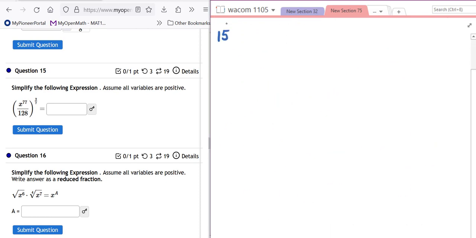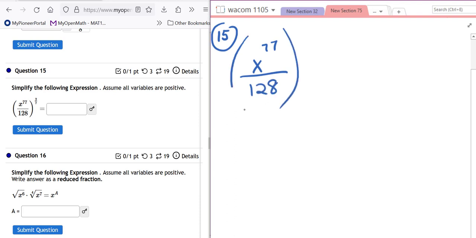All right, so we have x to the 77th over 128, and this is to the 2/7. I think that we should probably take that exponent down first instead of writing this big thing as a radical. So let's take it to the numerator and the denominator.